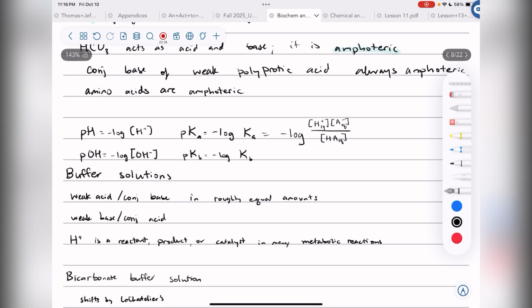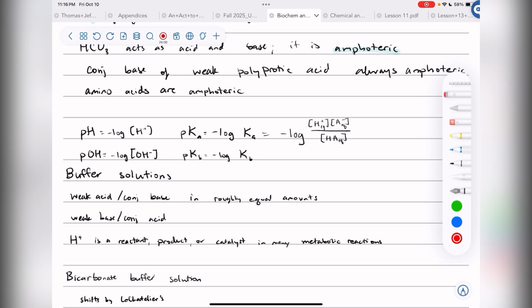But if you look here, the only thing in the pKa equation that would change the pH is this hydrogen concentration here, which is the same as what it looks like here. So really pKa and pH are both kind of measuring the same thing.